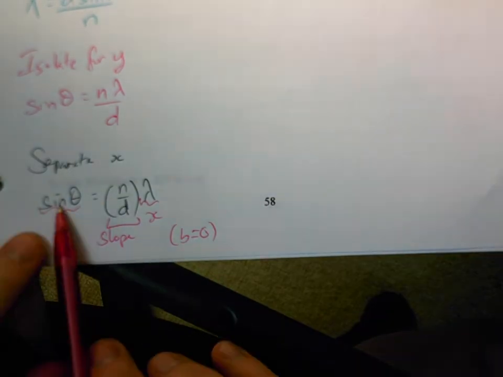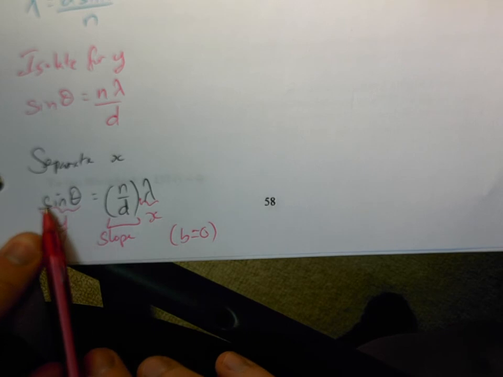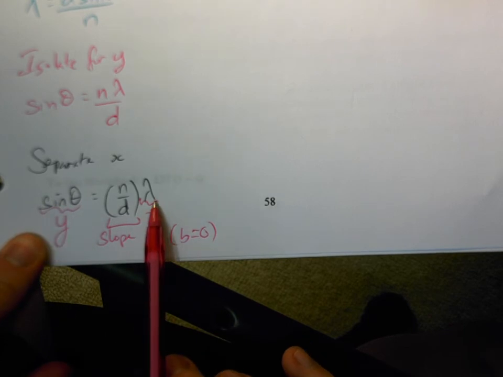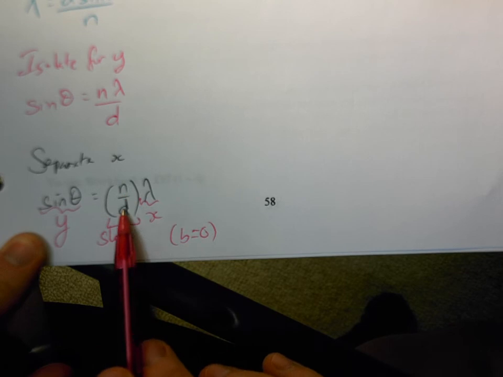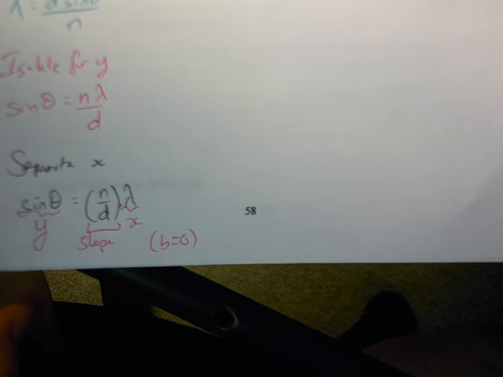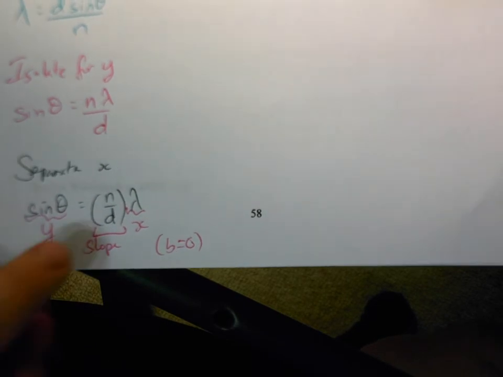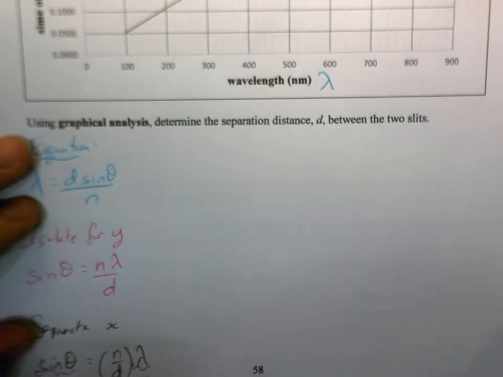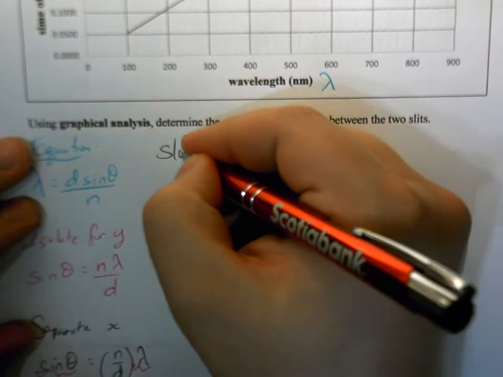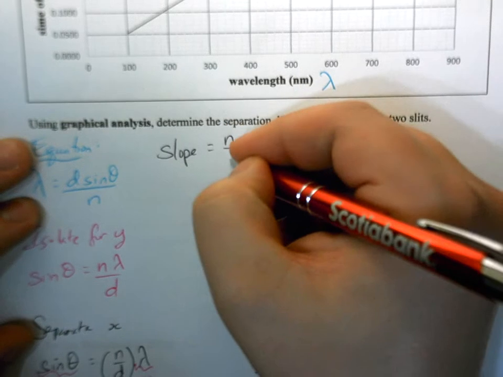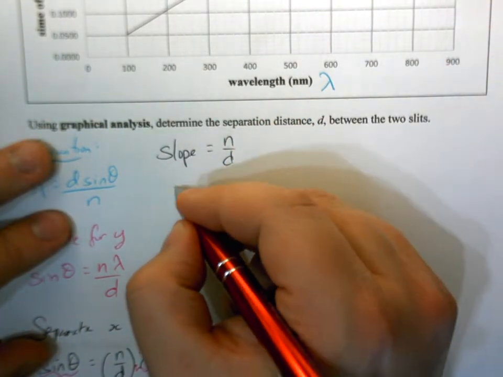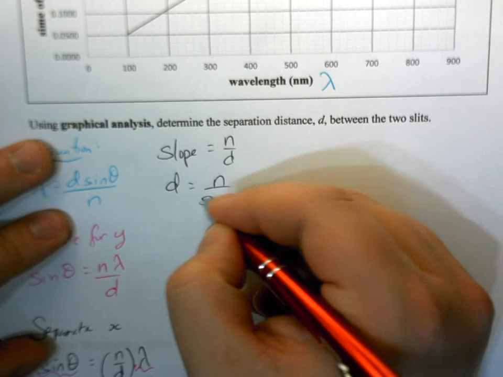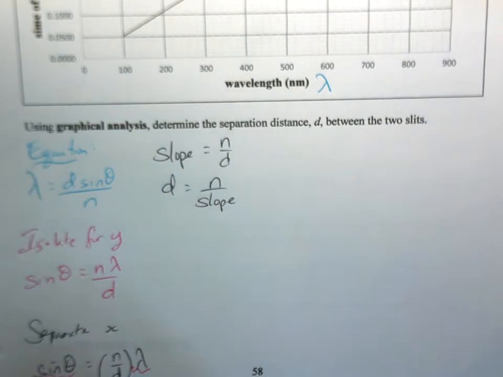So if I plot this y variable versus x, or if I plot sine of theta versus wavelength, the slope of that line is going to give me this n over d, or this fringe order divided by this distance between the slits. So we know that the slope is equal to n over d. Now, we could also say that d is just n divided by the slope.